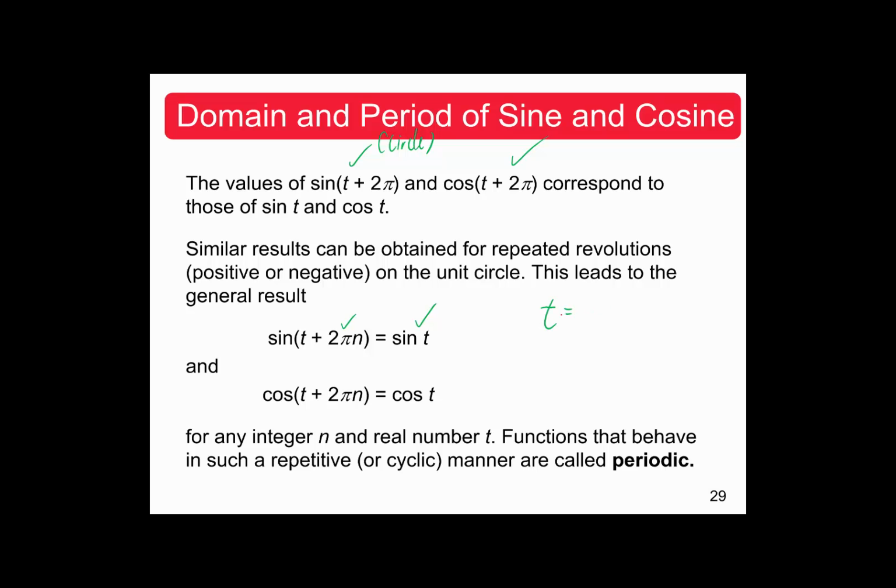Same thing for cosine: t is the same thing as t plus 2n pi. That's why cosine of t plus 2n pi equals cosine t. And in this case, the period must be 2 pi.